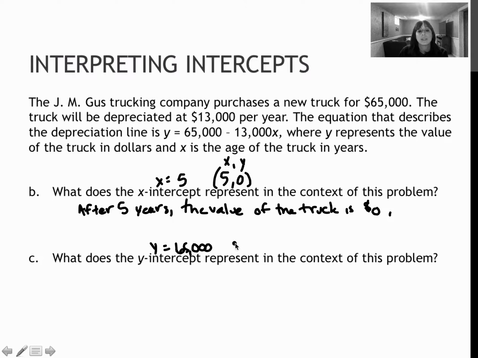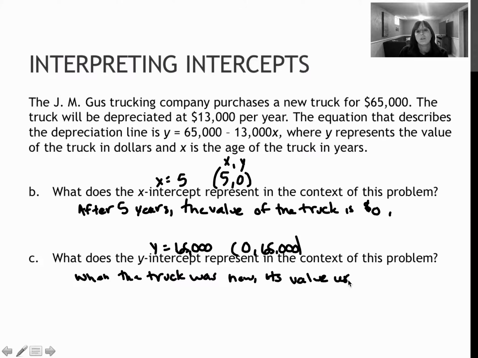For y equals 65,000, that's 0, 65,000, which means at 0 years, or when we purchased the truck, the value of the truck was $65,000. So when the truck was new, its value was $65,000.